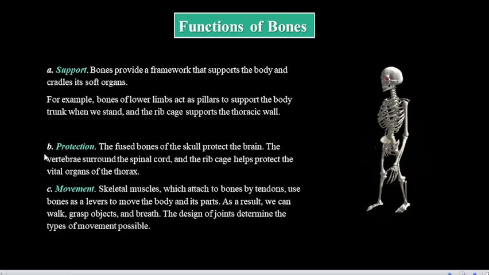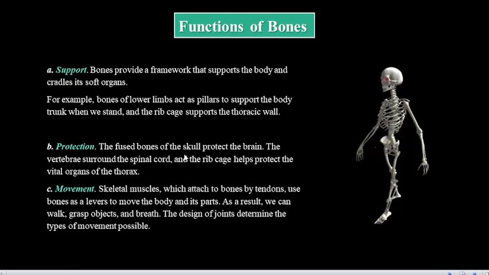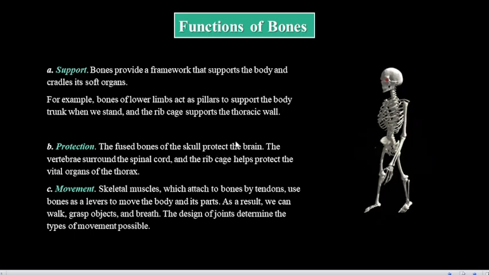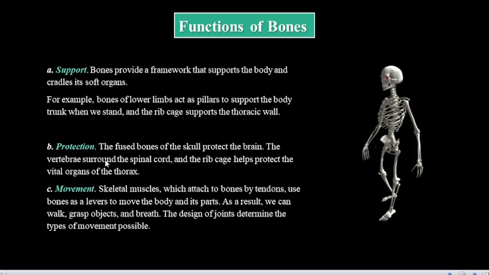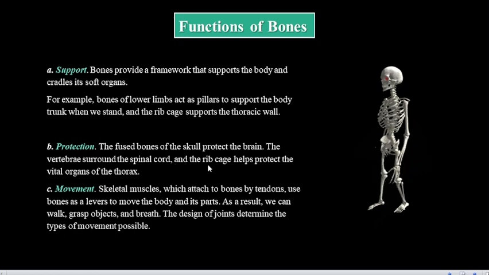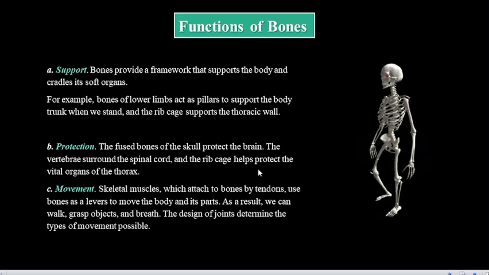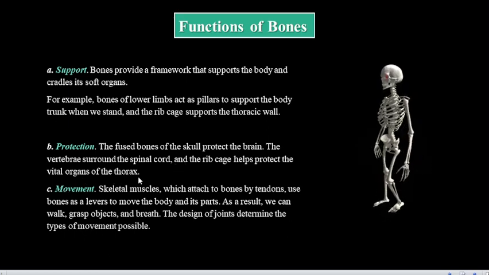Next, protection. So, the fused bones of your skull will protect the brain, and the vertebrae surround the spinal cord, and the rib cage helps protect the vital organs of the thorax, or our trunk, the body trunk.